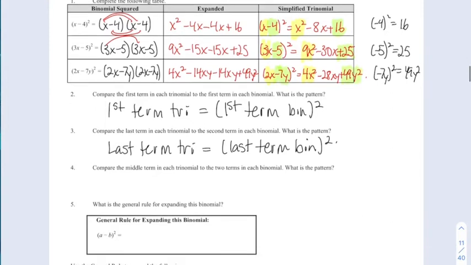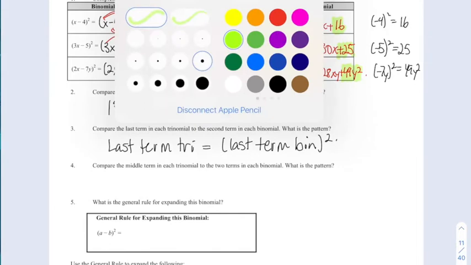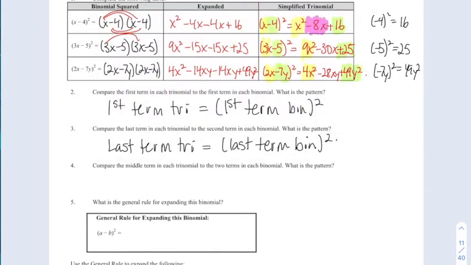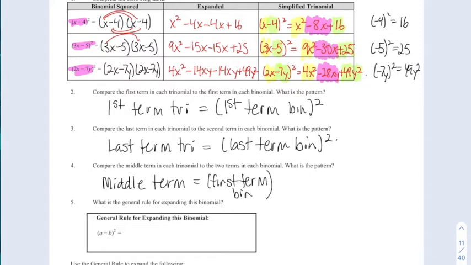And what we'll notice as well is if I look at the middle term, again, it's a little bit trickier to see what this pattern is. But if I compare this to the two terms in my original binomial, I can see that my middle term is again equal to the first term of the binomial times the second term in the binomial, times 2.